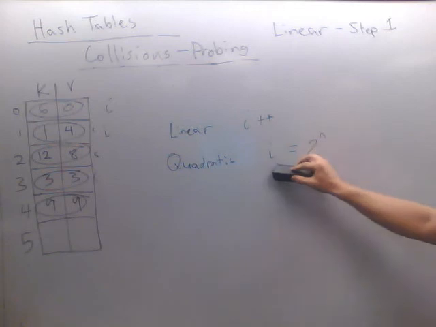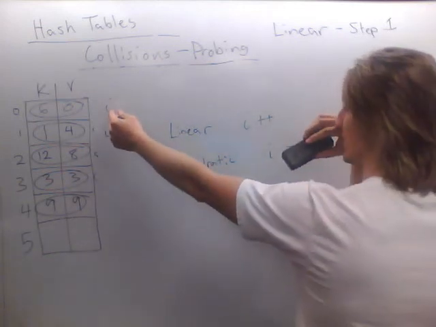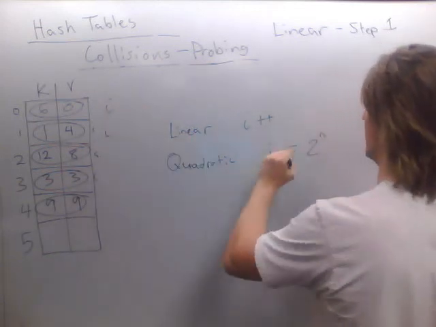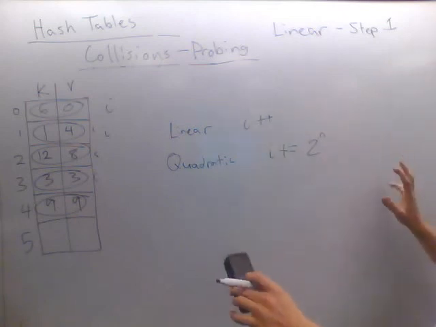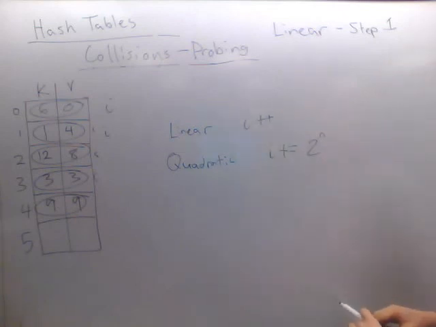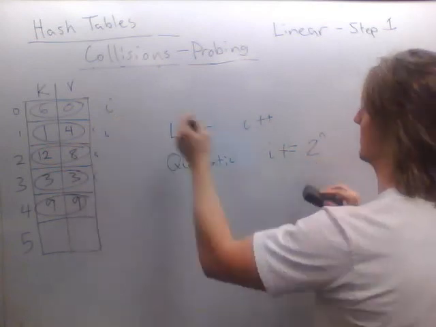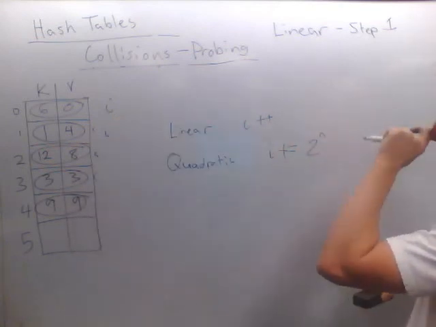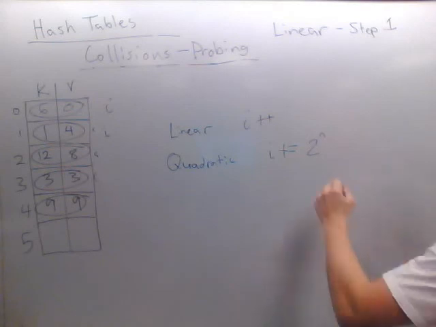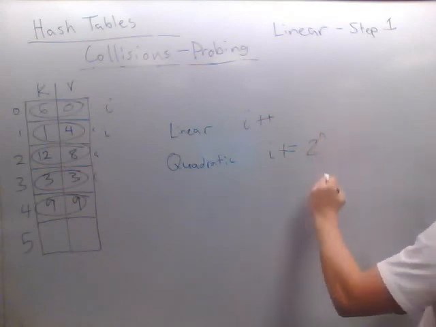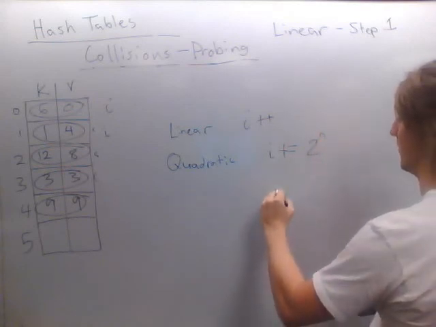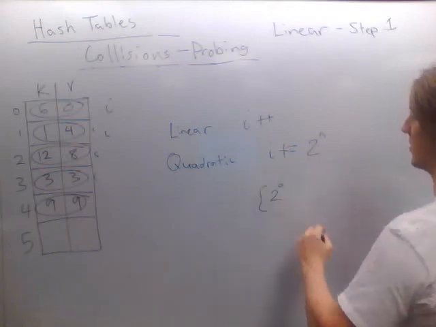If i is currently equal to 0, and we've had 0 collisions so far, we're going to have 2 to the 0th, which is 1.